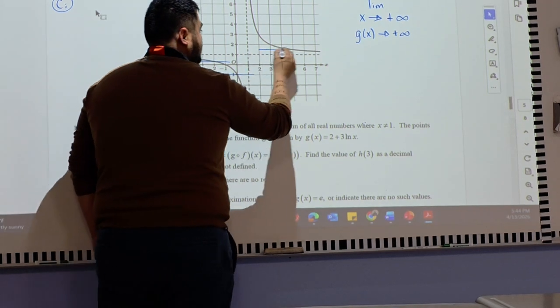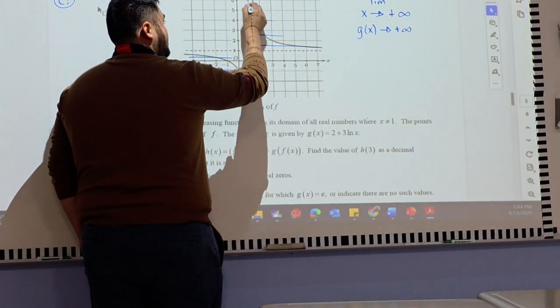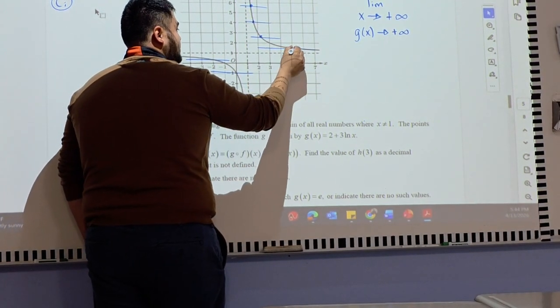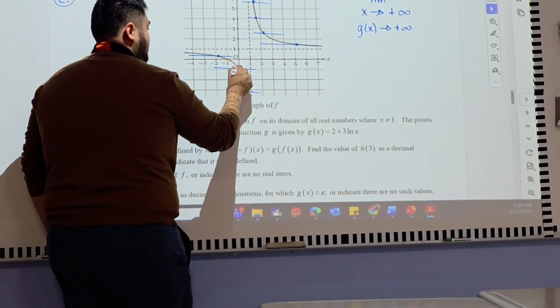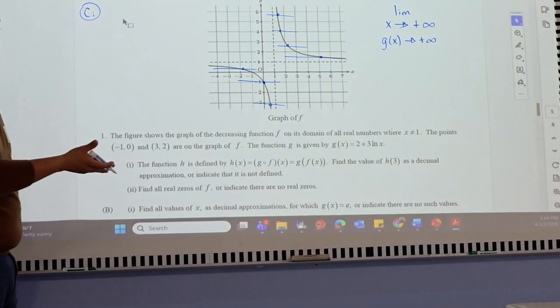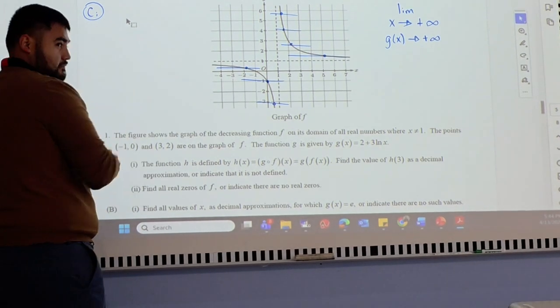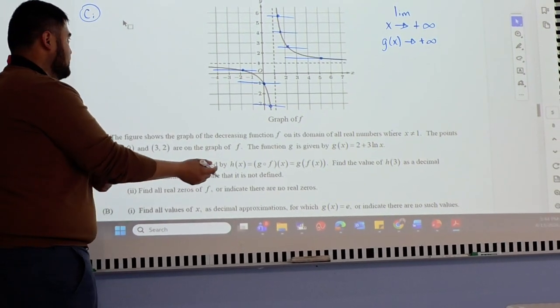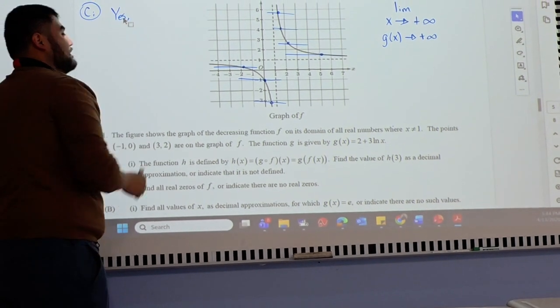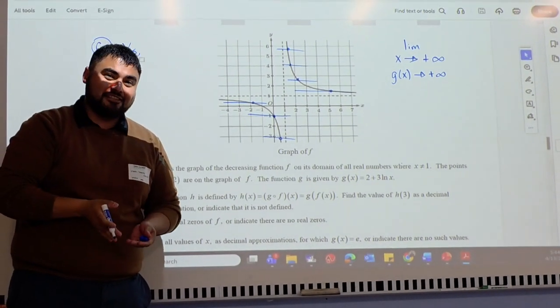These horizontal lines are supposed to touch the graph exactly one single time. So, does this function have an inverse? Yes, it does.